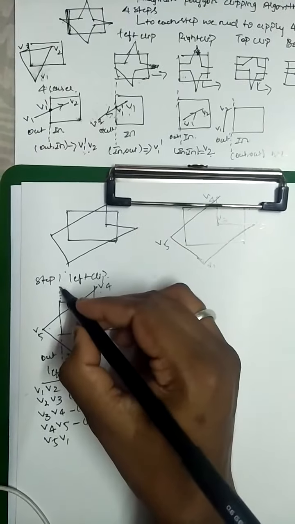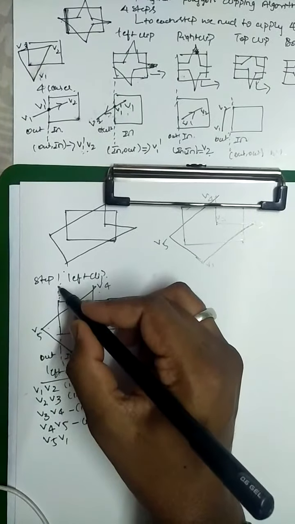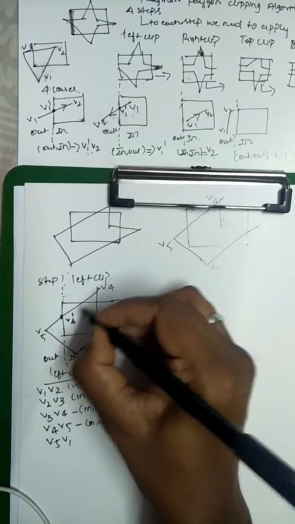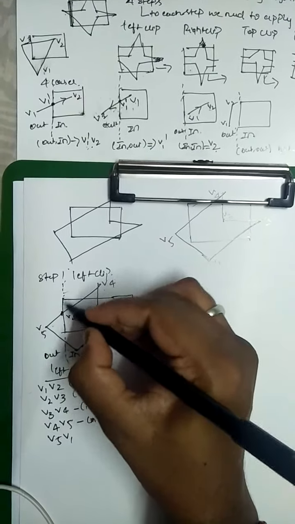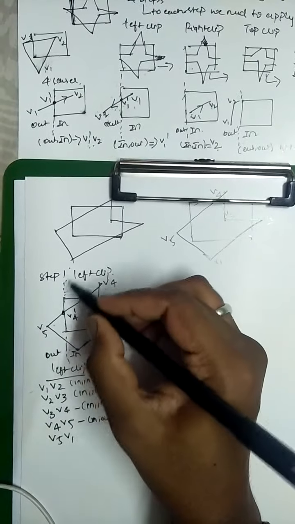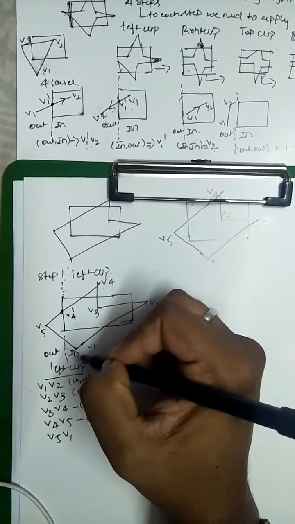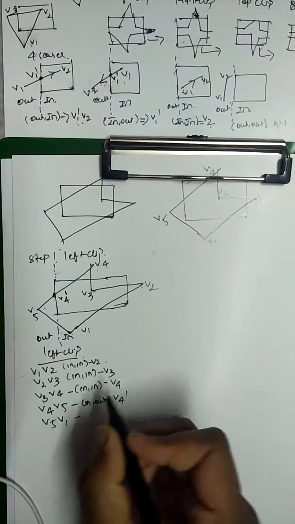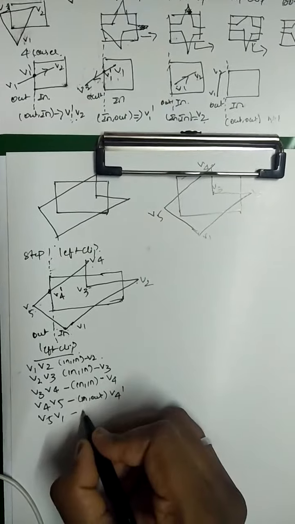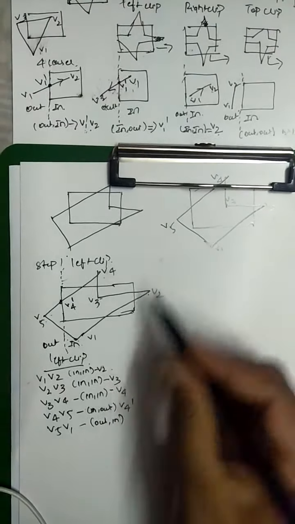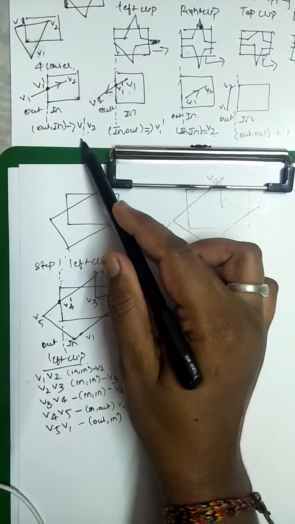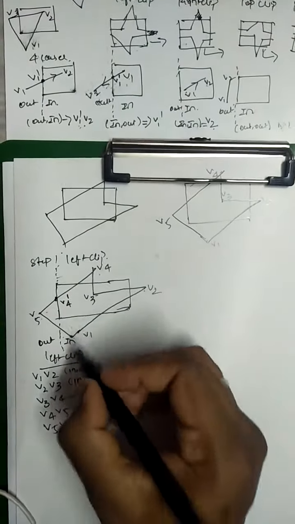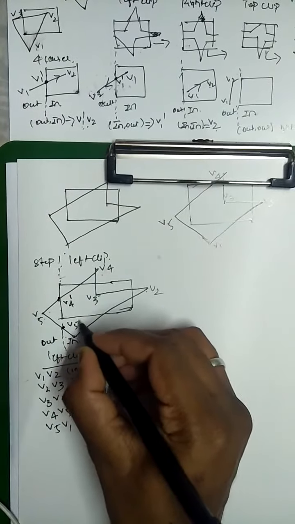I'm speaking with respect to this boundary line, so this will be my v4 dash, not this, because with respect to this boundary edge line we are checking in and out, so v4 dash falls here. v5 and v1, that is from out to in. Out to in is v5 dash and v1, so your v5 dash will be here.